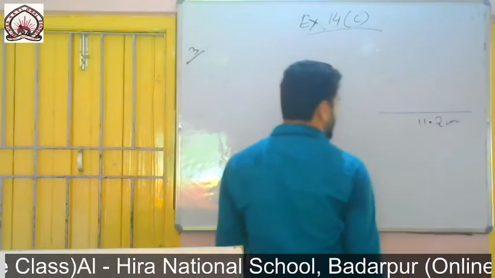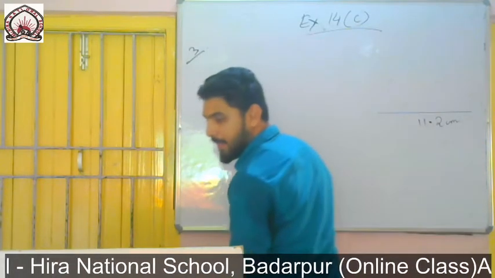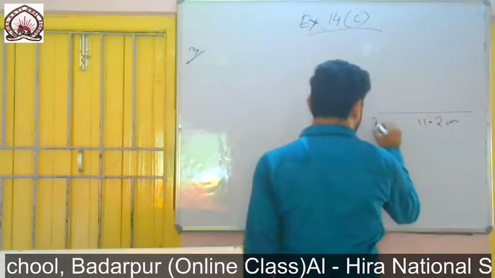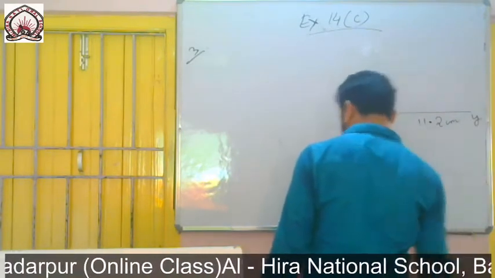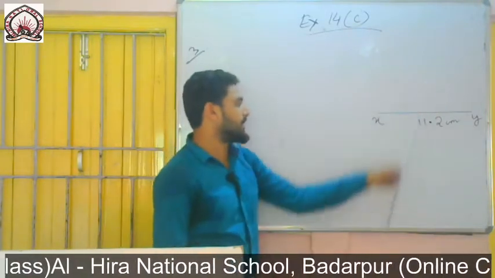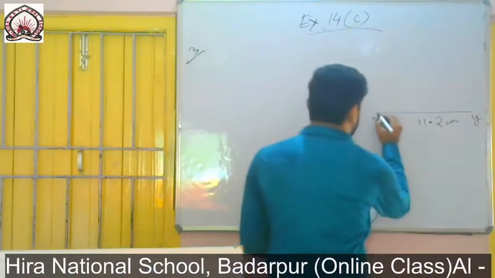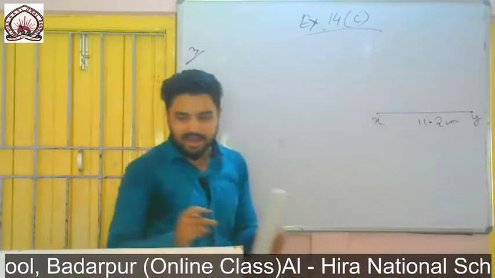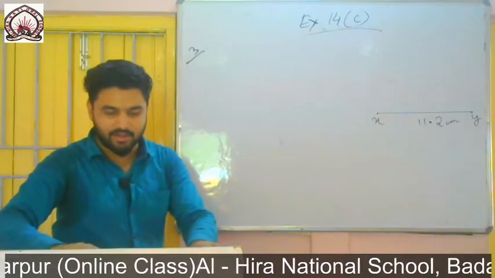I have taken 11.2 centimeter. And the line segment XY, here it is X and Y. Now I have to draw the perpendicular bisector of the line segment XY. As earlier, you draw the perpendicular bisector like this.